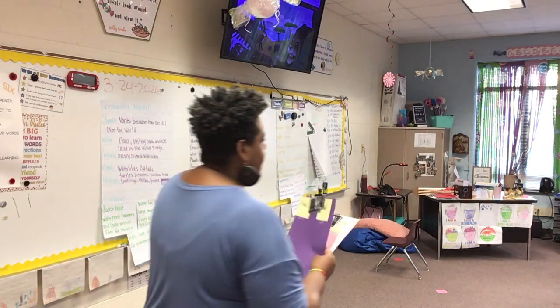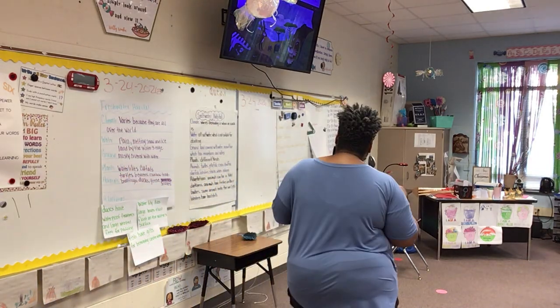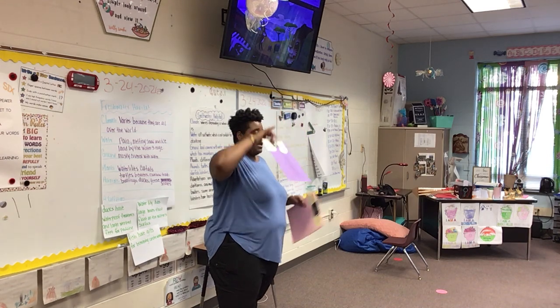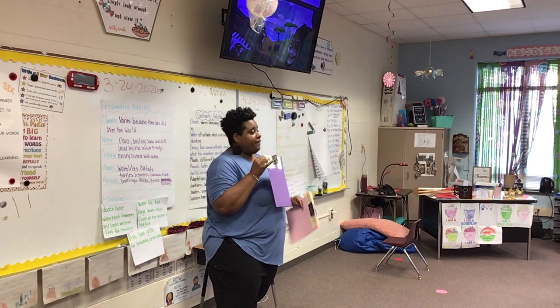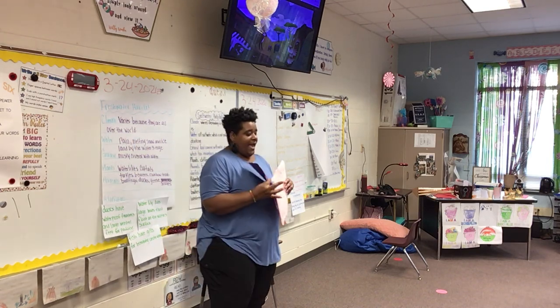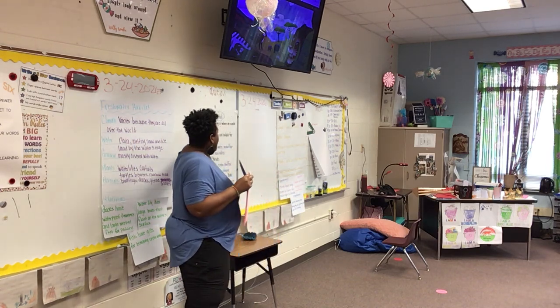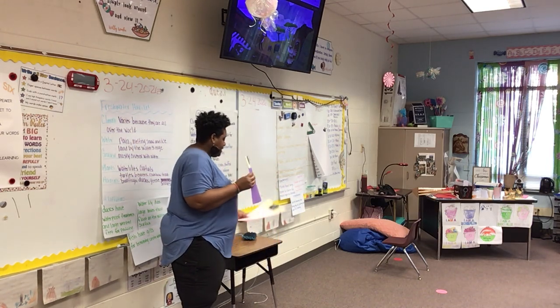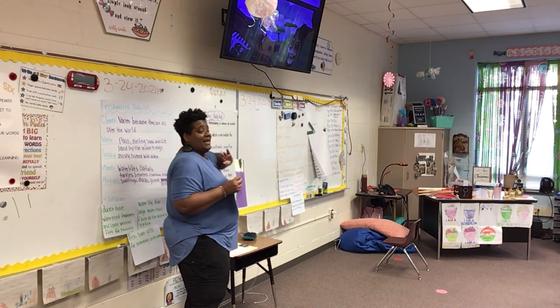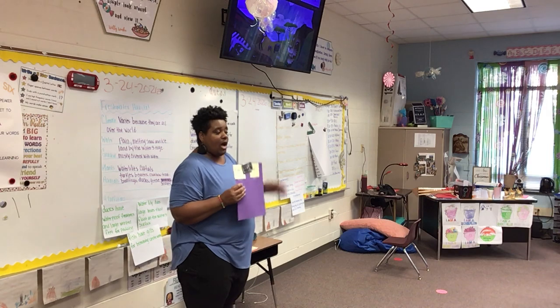So, each table is going to get a construction piece of paper that has FW, means for freshwater, and on the other side is going to say SW for saltwater, which is the next habitat that we're going to talk about.